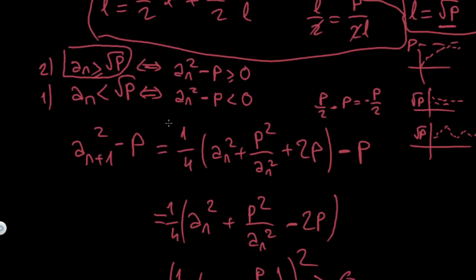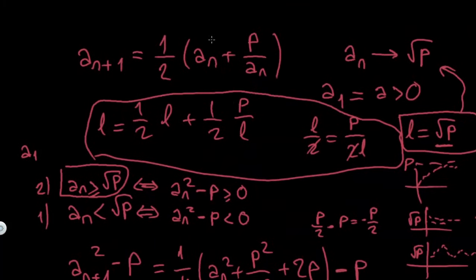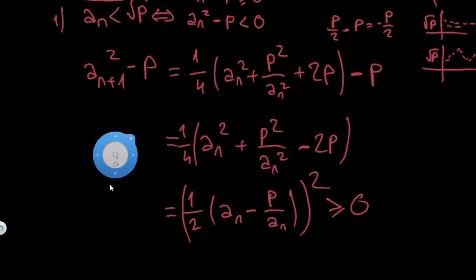But you should also notice that a1 doesn't have to hold this condition, because we are setting up a1 separately. We can pick anything, and a1 doesn't have to be greater or equal than square root of pi, but even a2 is going to follow that. This is true for any n greater or equal than 2.